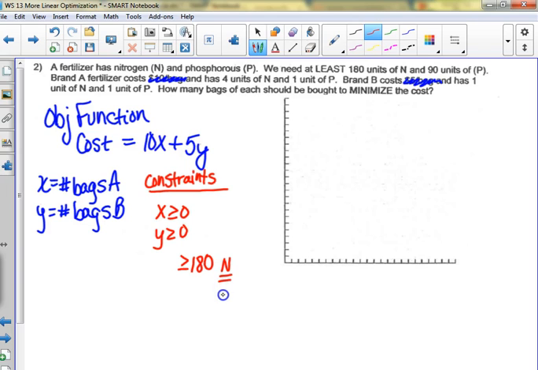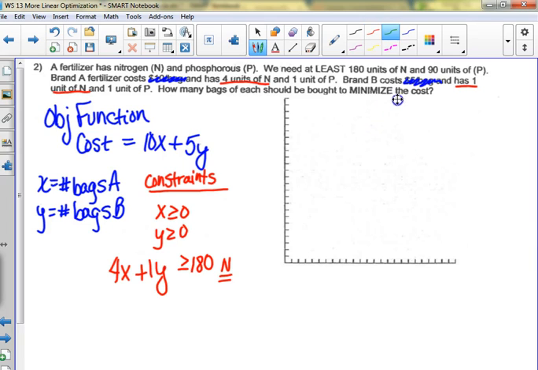So now I need something about nitrogen in terms of bags of A. Bag A has 4 units of nitrogen, right? So 4 nitrogen every time I buy an A bag. And what about nitrogen in a B bag? 1. Okay.